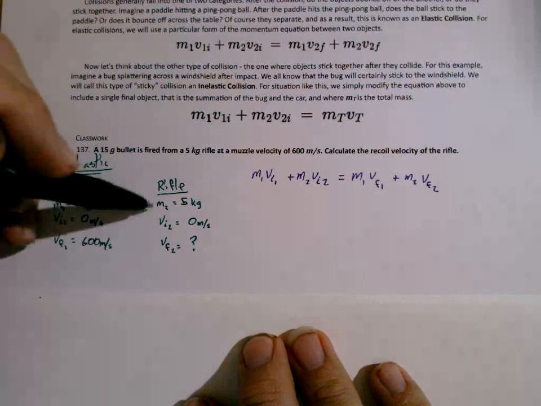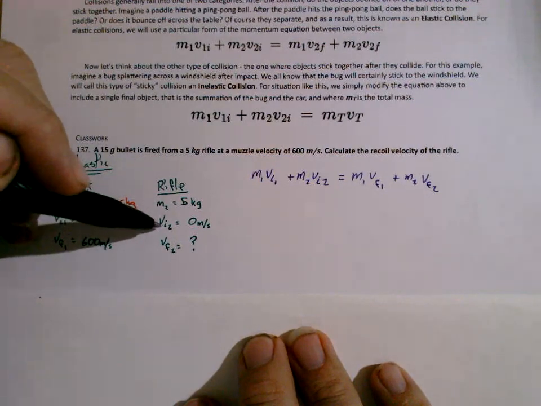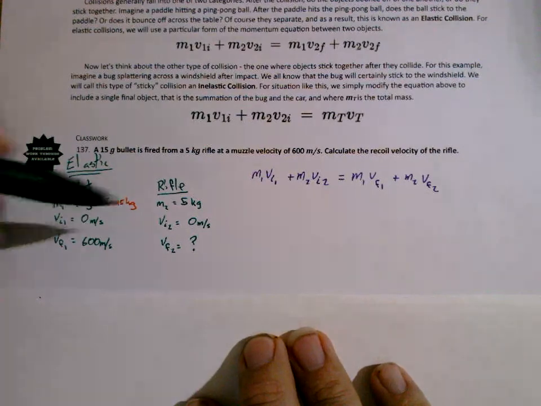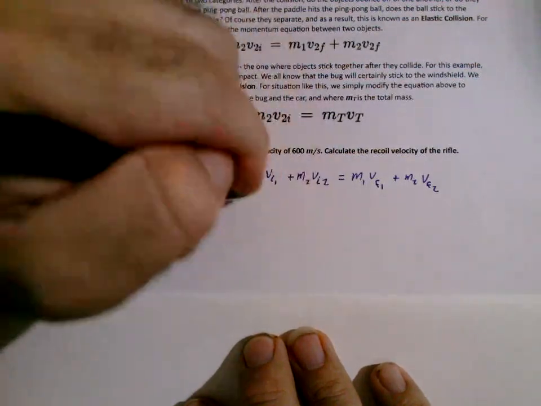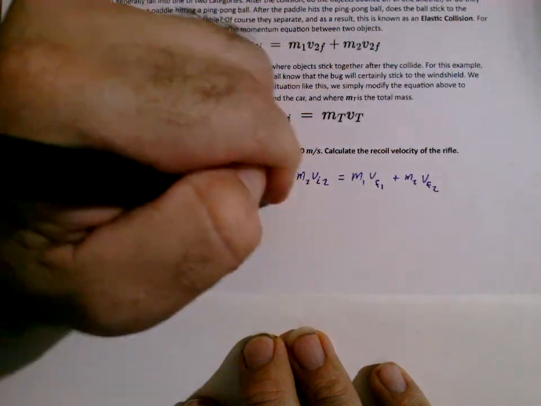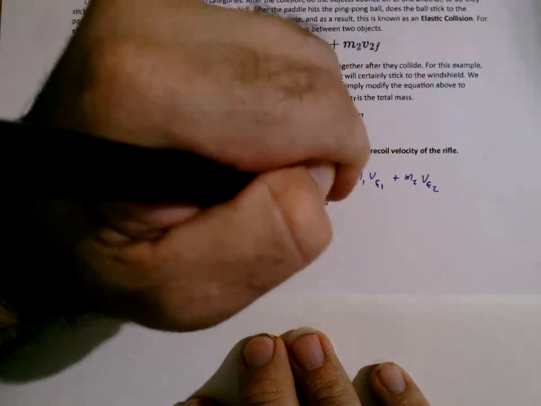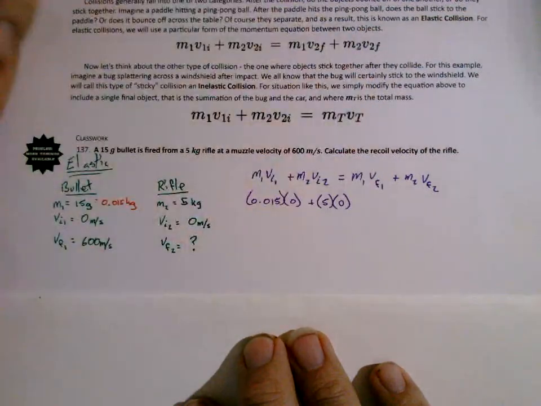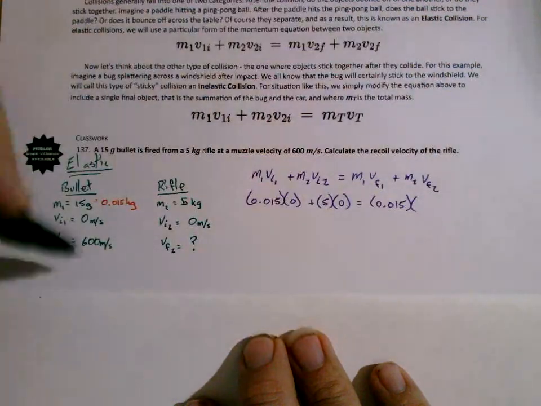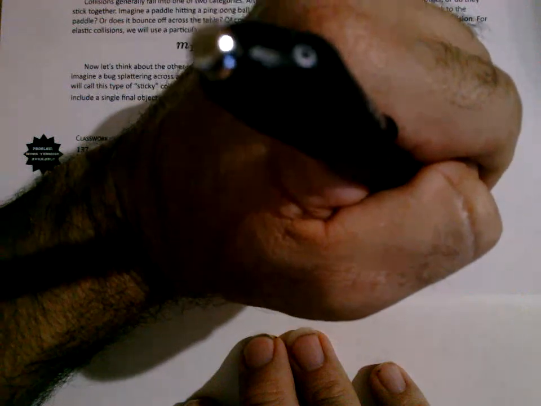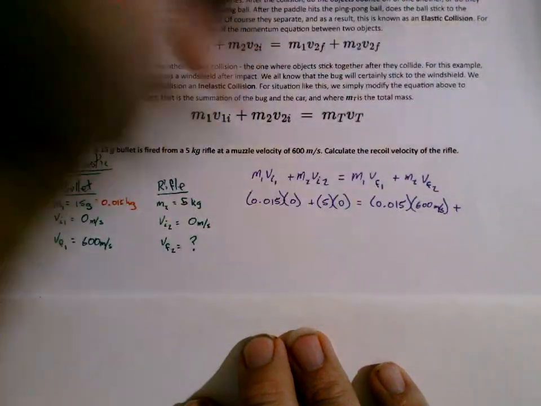So we have 0.015 times 0 meters per second plus 5 kilograms times 0 meters per second equals 0.015 multiplied by 600 meters per second plus 5 kilograms times the final velocity of the rifle.